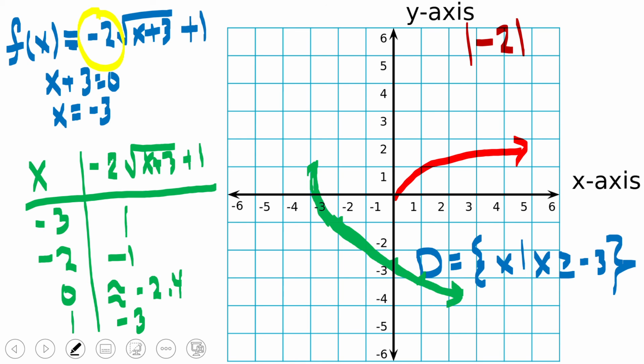So several things happened here. To recap, the -2 made the graph steeper. Also, the fact that a is less than 0, the -2 is less than 0, reflected the graph across the x-axis.